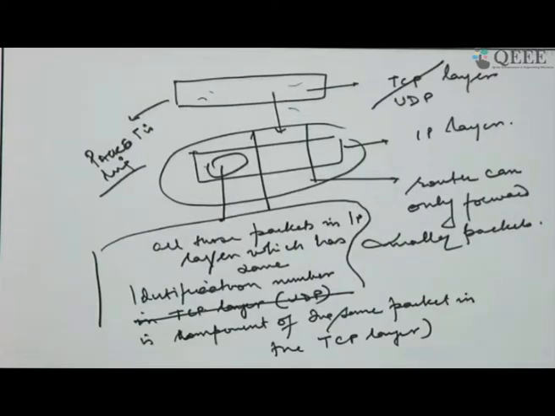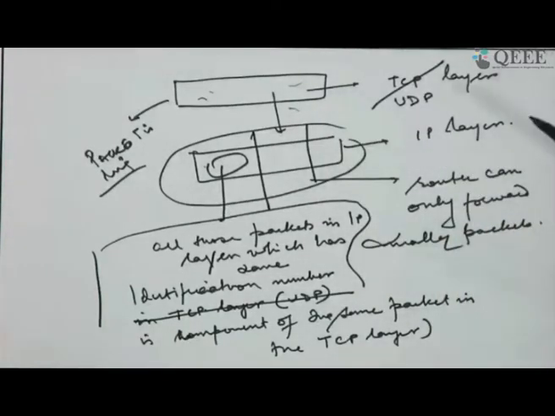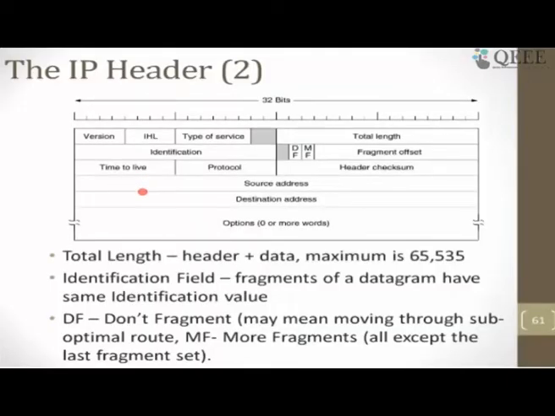So you divide the packet into smaller fragments. Then in the header you have to identify that all these fragments belong to the same packet, and that is done through this identification field.